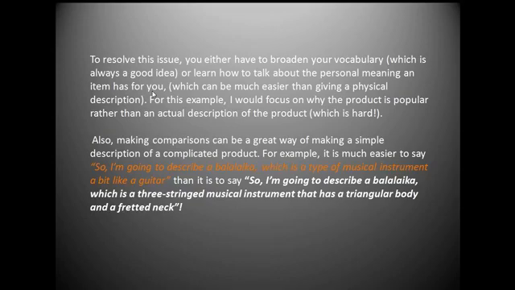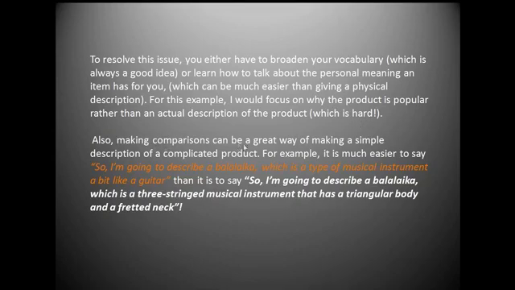This means what type of connection you have with that particular product, like why you are emotionally attached, or what the product actually means to you. Now it is quite easy, then, compared to giving a physical description of the product. For this example, I would like to focus on why the product is popular, rather than an actual description of the product, which is obviously hard.